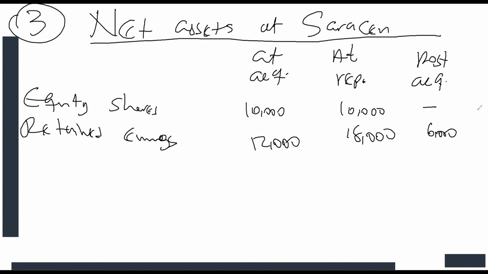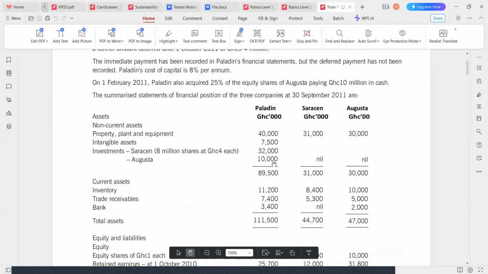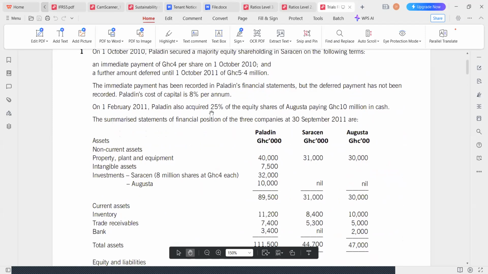So let's go to the footnotes. If you follow this, you finish the question within some few minutes. Here we are now with all these things here.